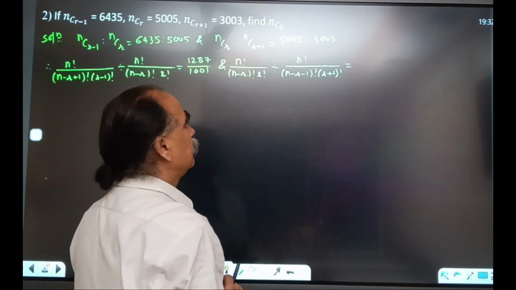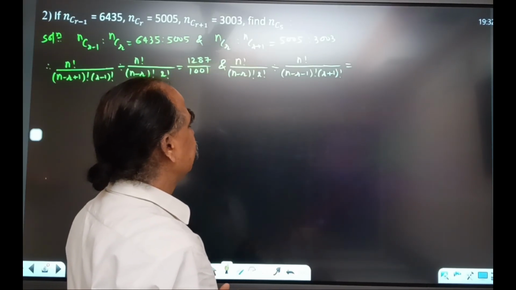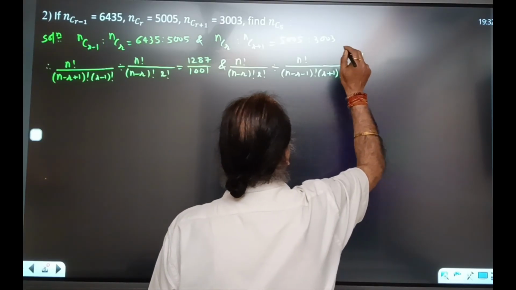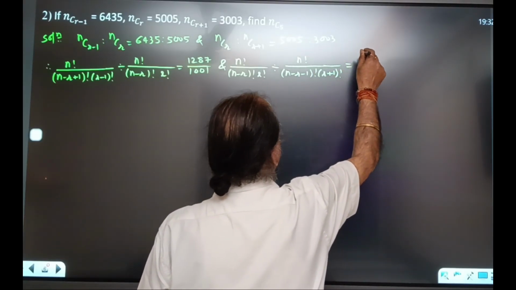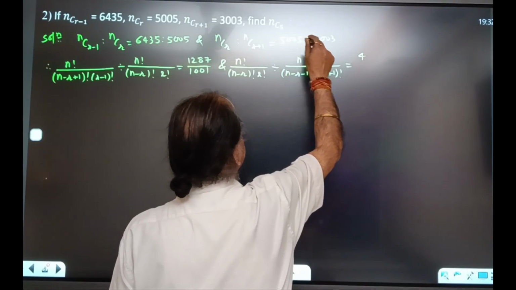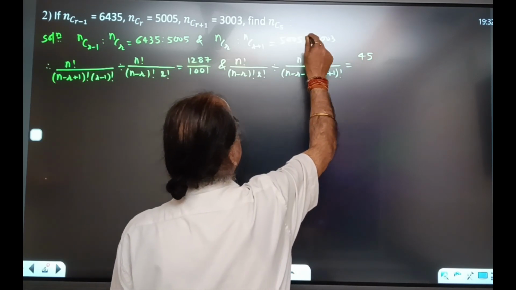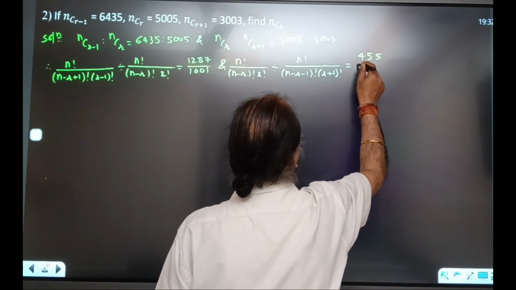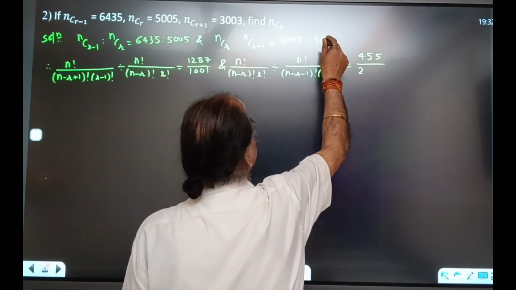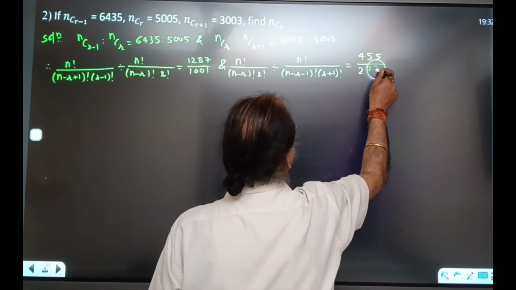Is equal to, we can divide by 11. 11 4 is 44, 60, 11 5 is 55, and below 11 2 is 22, 11 7 is 77, 11 3 is 33.